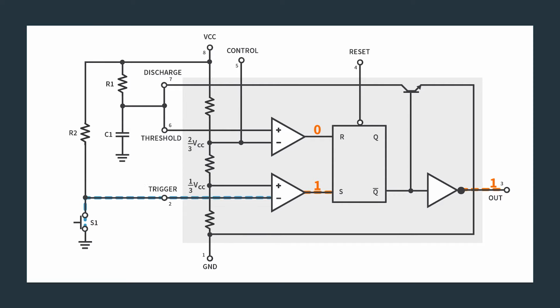Now what this does is this opens this BJT switch right here and makes it so immediately you can start to get a charge through R1 to C1. It used to be that you would have that current flowing straight through R1 through to ground, but now it can go into the capacitor and fill up this capacitor.